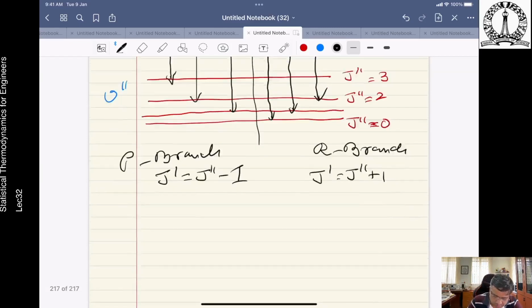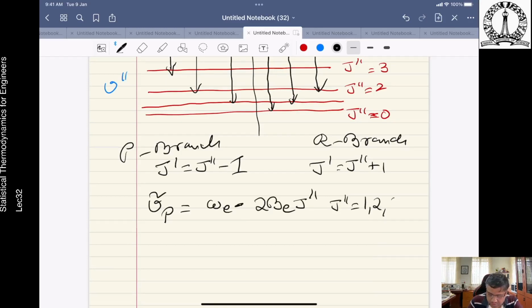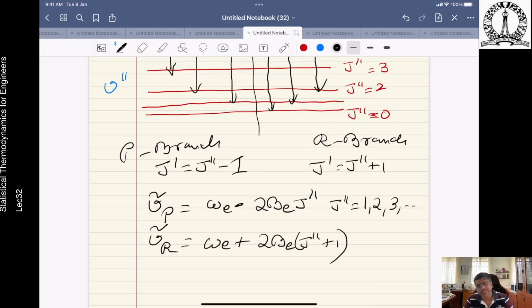Using this particular situation, the wave number for the P branch is omega e minus 2be j double prime, with j double prime equal to 1, 2, 3, and so on. Then of course you have the R branch, which is omega e plus 2be (j double prime plus 1), utilizing the substitutions, with j double prime equal to 0, 1, 2, and so on.